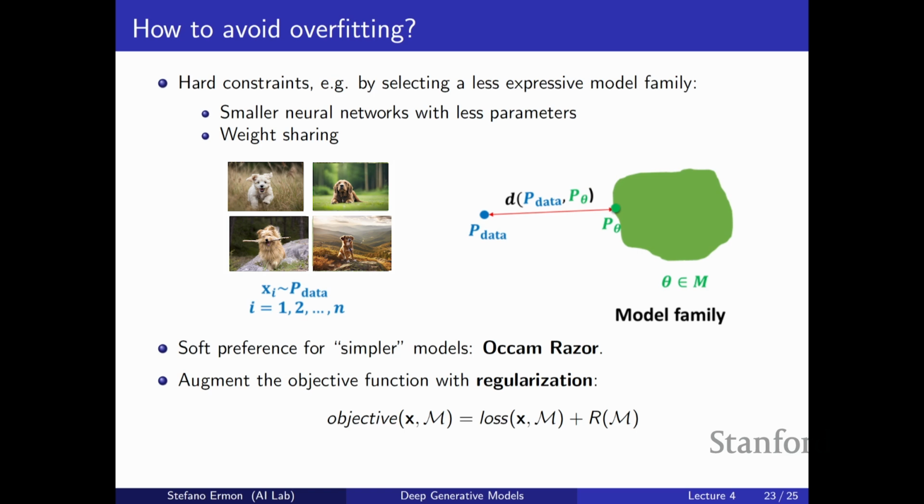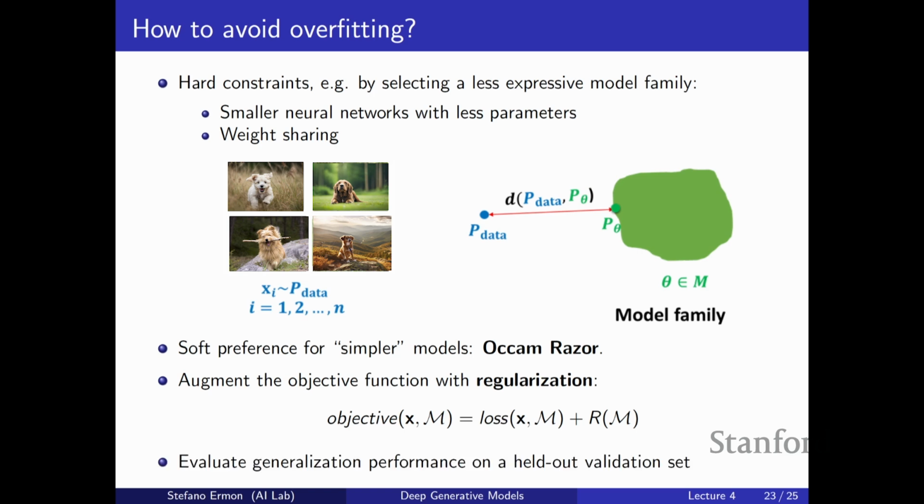Another thing that was mentioned before is you could use some kind of soft preference for simpler models, so that if you have two models that fit the data equally well, and they achieve the same loss, maybe you have a regularization term that says prefer the simpler one. Maybe the one with fewer parameters, or the one where the magnitude of the parameters is smaller. And the other thing is what I just mentioned.